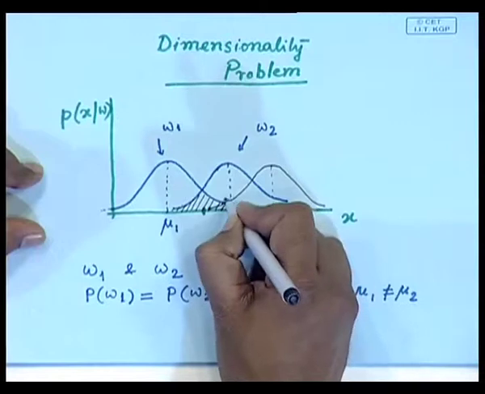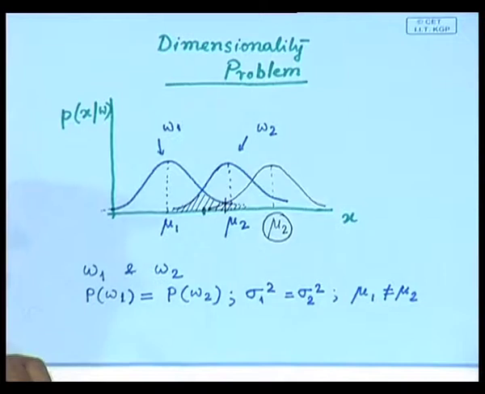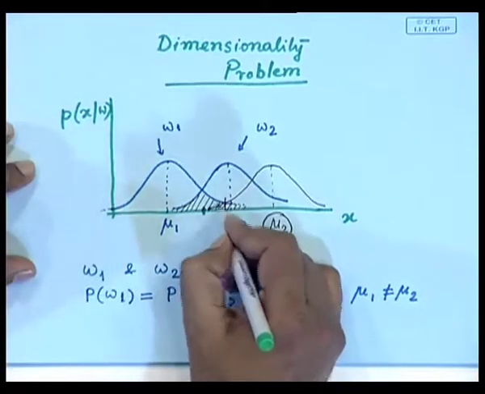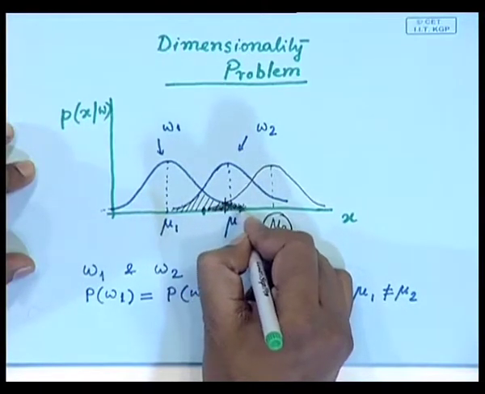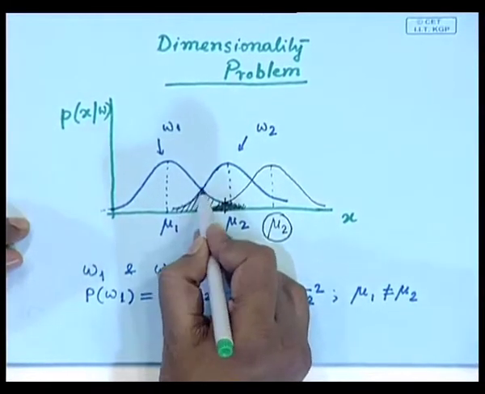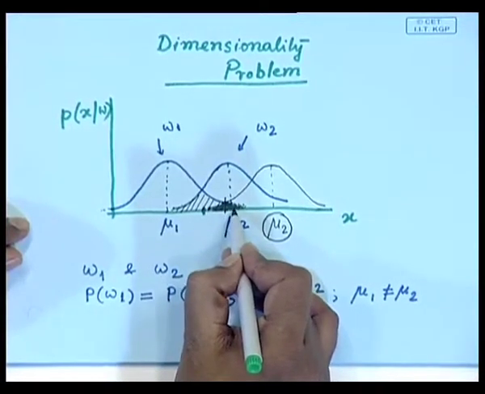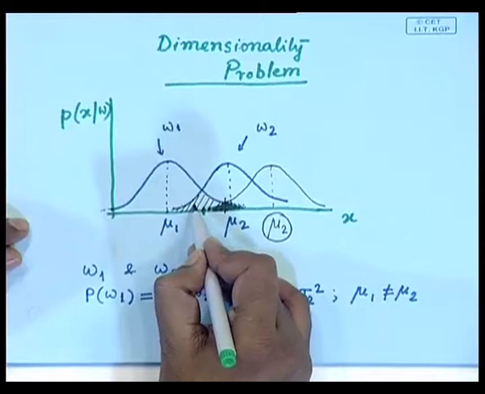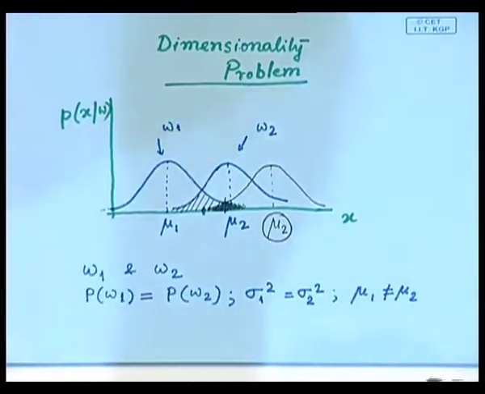If this is the mu 2, then this is my decision boundary. Okay. And if this is the decision boundary, then the error will be reduced to this. Okay. So, you find that earlier my error was bounded under this curve, now the error is bounded under these curves. So, definitely the total error in the earlier case is higher than the total error that I get in this case, when the separation between mu 1 and mu 2 becomes large.